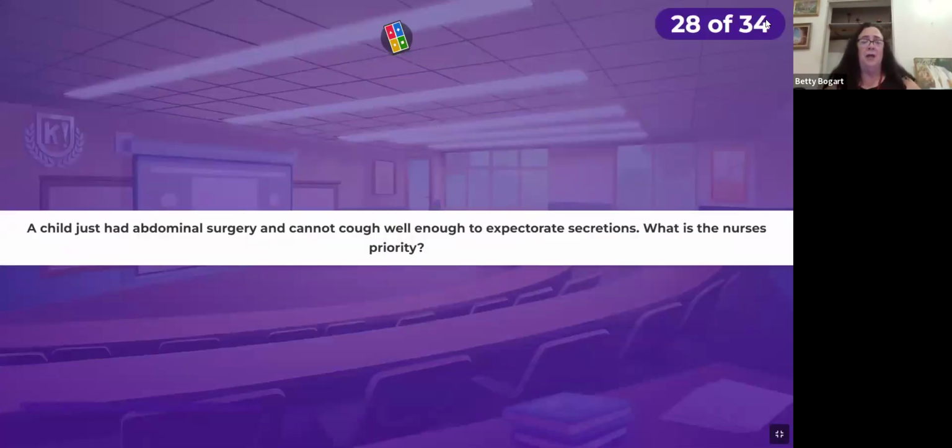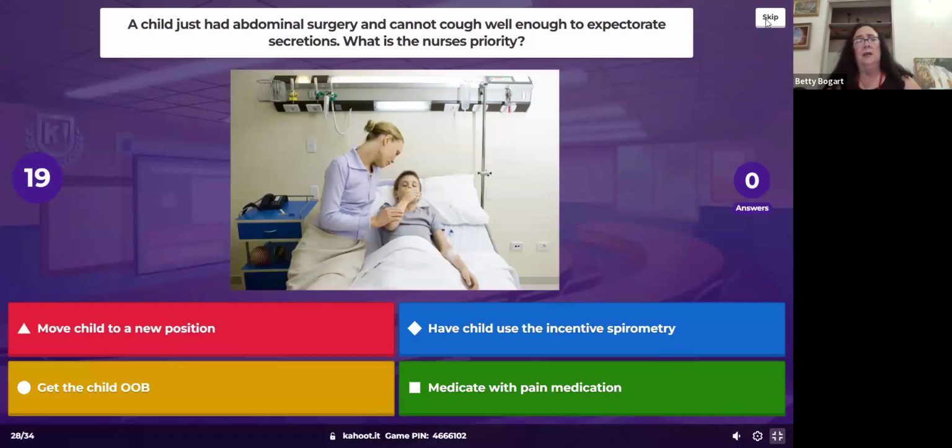A child just had abdominal surgery and cannot cough well enough to expectorate secretions. What's the nurse's priority? I mean, they had surgery. They need to cough. They need to expectorate. What's your priority? How are you going to make them do that?